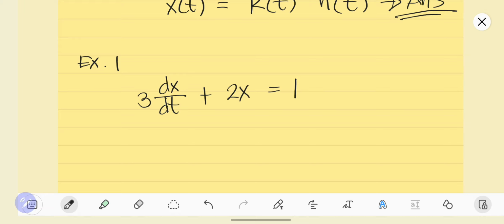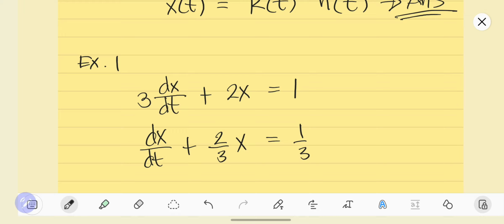We divide the equation by 3, which is your a sub 1. So this becomes dx over dt plus 2/3 x is equal to 1/3.